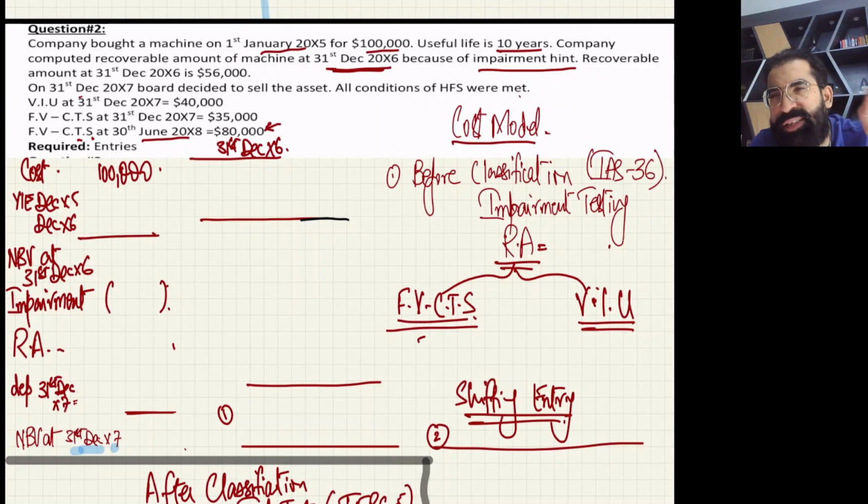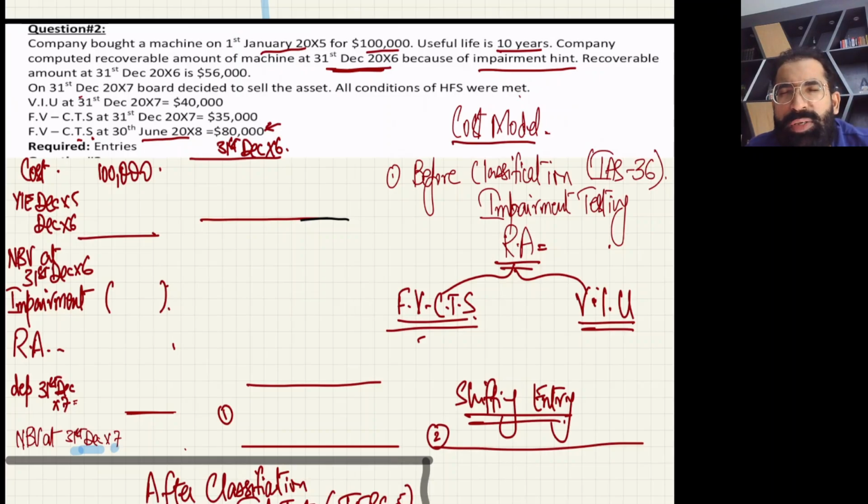In normal life, whenever there is an impairment, we purely deal with it according to IAS 36. Recoverable amount at 31st December X6 is 56,000. Don't think about IFRS 5. Just forget IFRS 5. It's purely an IAS 36 question till now.